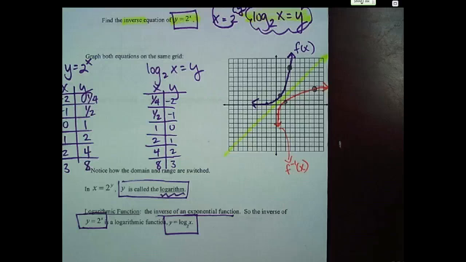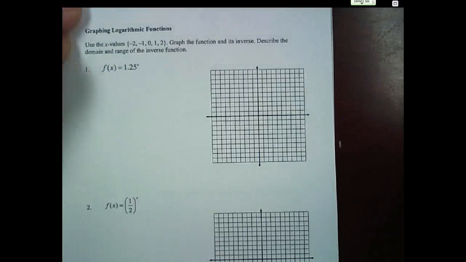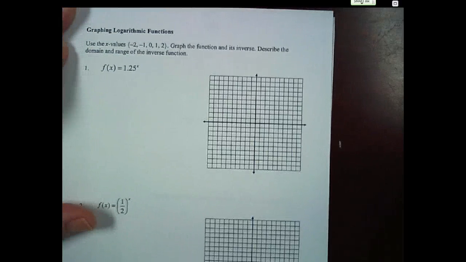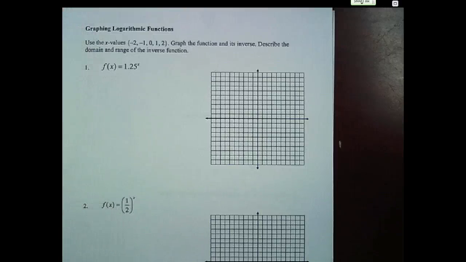So let's flip over and we're going to do 2 more graphs. Now in this situation, guys, you would need a calculator on number 1 in order to build your table, because the fraction's messy. It says use the x values negative 2 through 2 to graph the function and its inverse. Describe the domain.